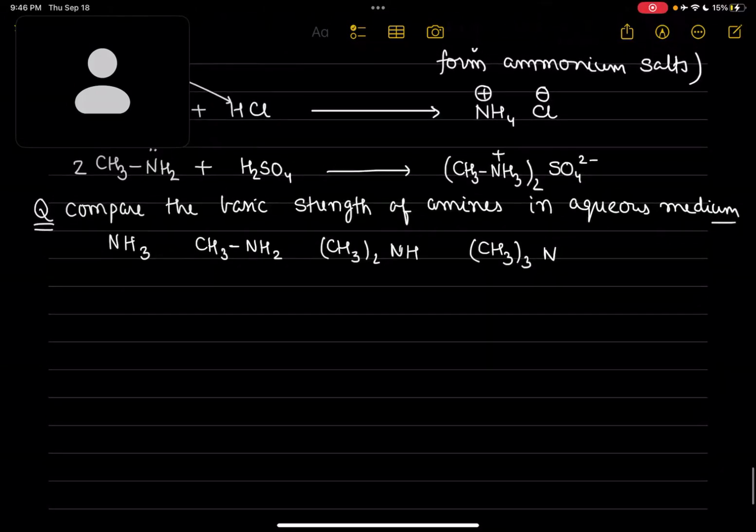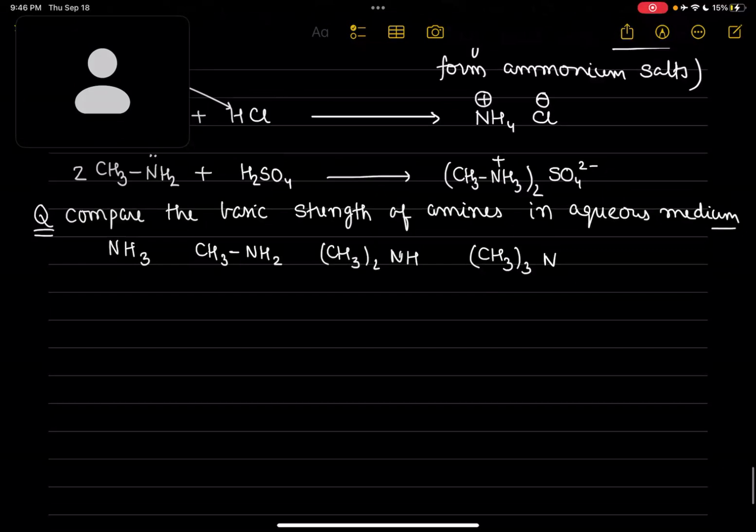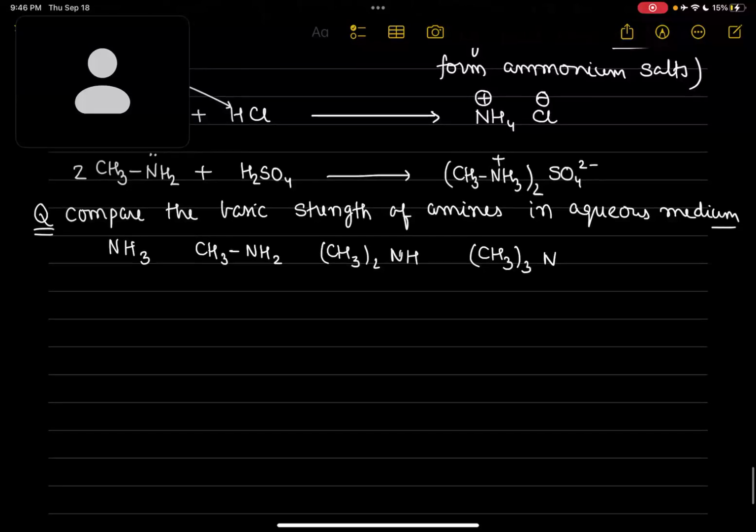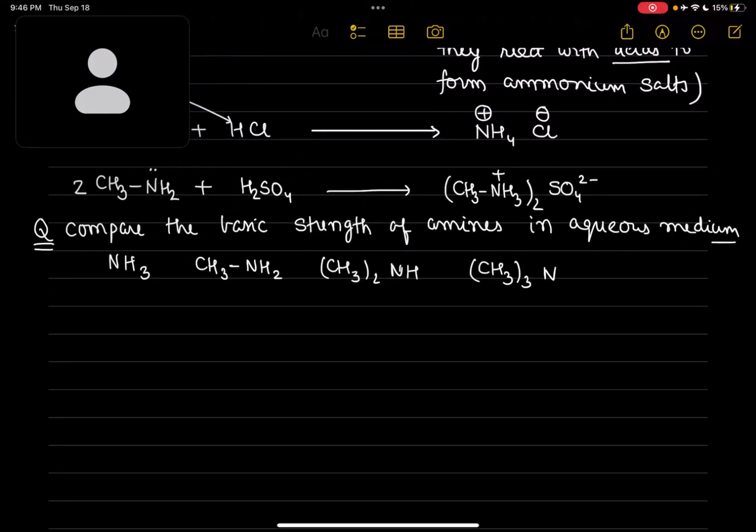What are you going to look for when you are comparing the basic strength? Suppose you put an alkyl group, is it electron donating or withdrawing? Yeah, Aisha, Marwa, tell me.